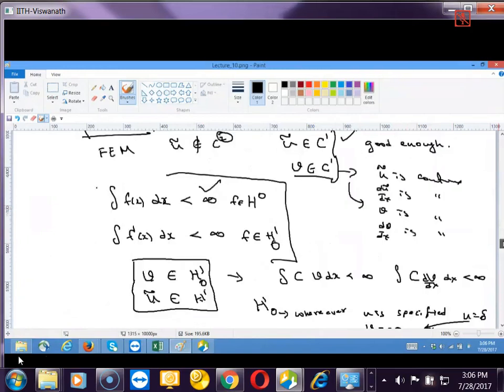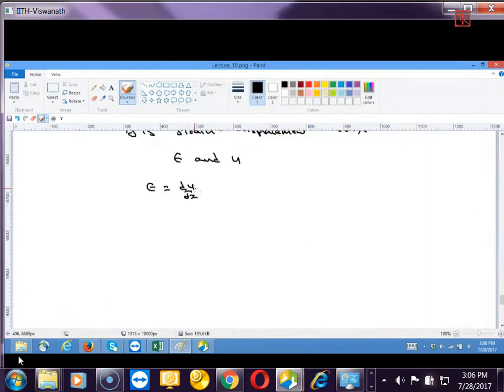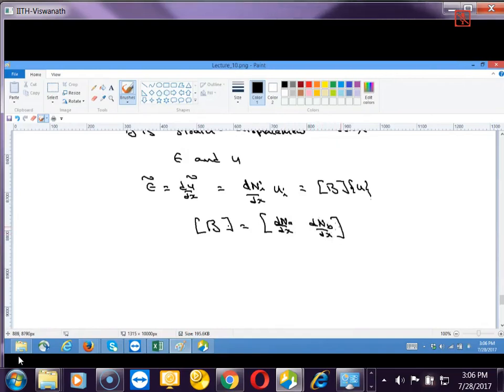If it is tilde, this will also become tilde, but we know u is equal to the sum of dNi by dx times ui. That means I can write it as B times u. In our case B is defined as dNA by dx and dNB by dx, where A and B are the nodes.